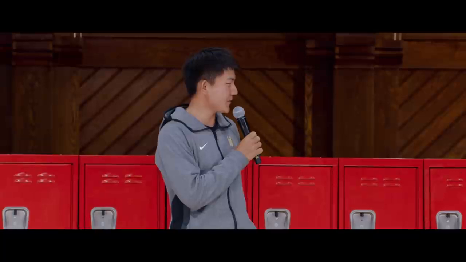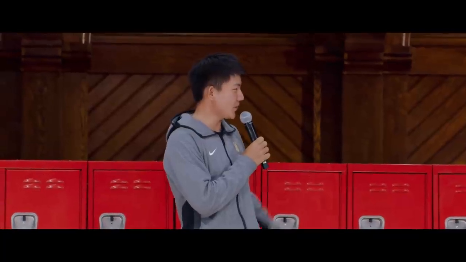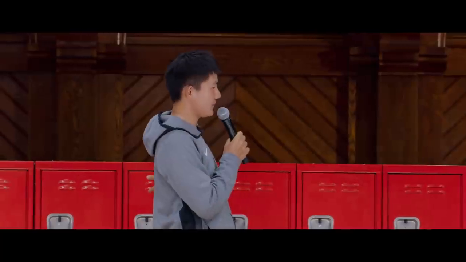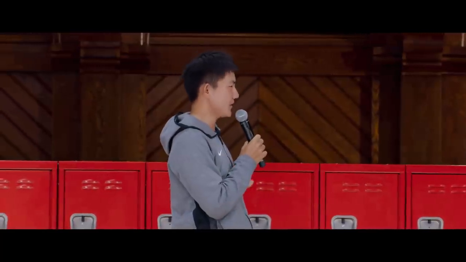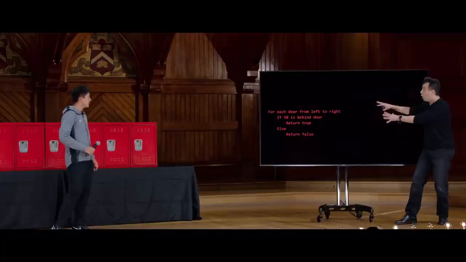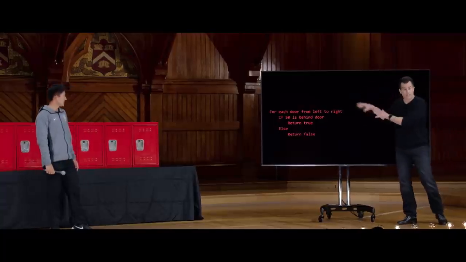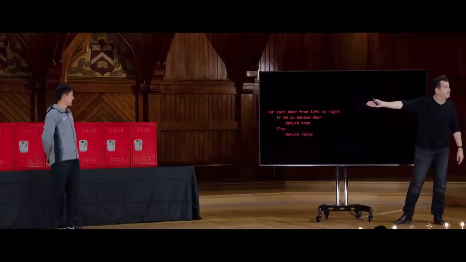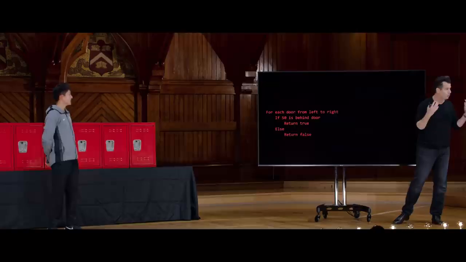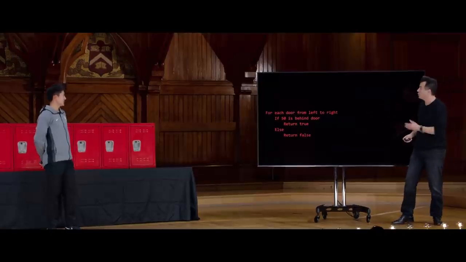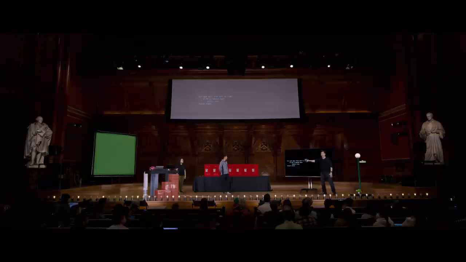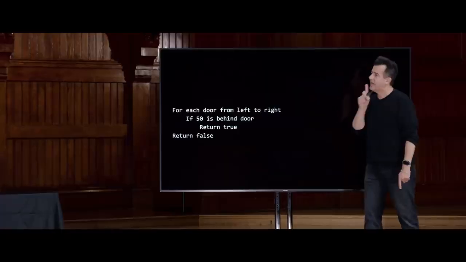If you put false right after else, that means once we search the first door and we don't find 50, it'll just return false and the program will finish. Exactly. So this code would indeed be a bad implementation, incorrect, because only if the 50 is behind the first door would it ever work correctly. We would otherwise bail out and return false prematurely. So this version here is indeed correct, but can we do better?